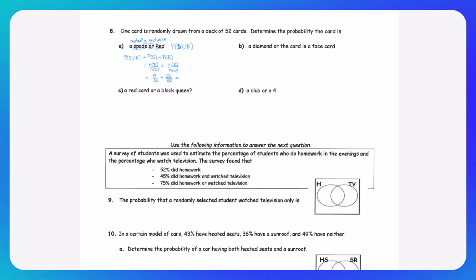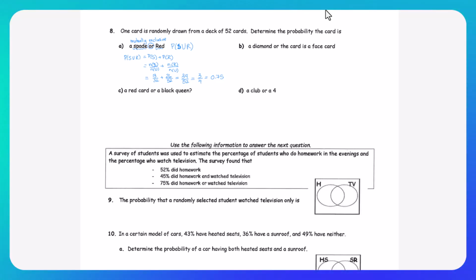And we have 13 plus 26, which is 39 over 52. And that can be reduced down by dividing top and bottom by 13. And that's going to give us 3 over 4, or if you will, 0.75. We can write it as a decimal because it's a terminating decimal.